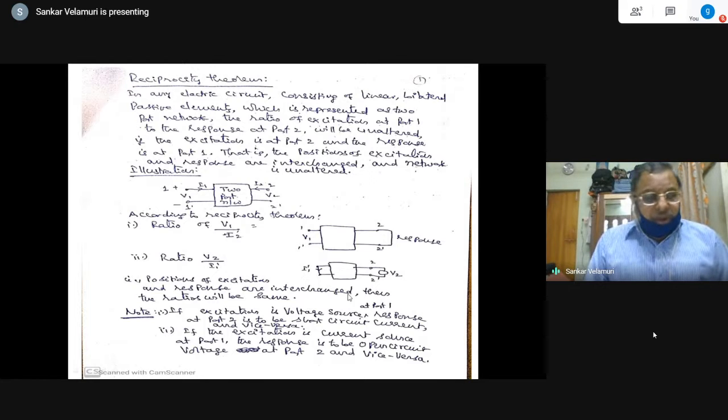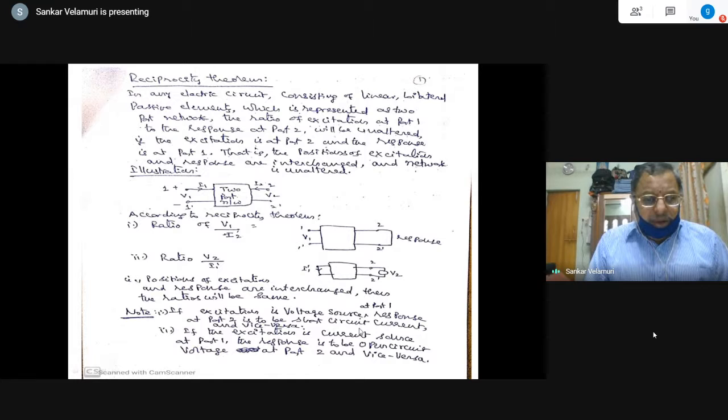Now I have given 6 specific points here, which I have explained in detail, so I will just repeat them briefly. If the excitation is a voltage source, the response at port 2 is to be the short circuit current, and vice versa. I have given an explanation through a simple example also.